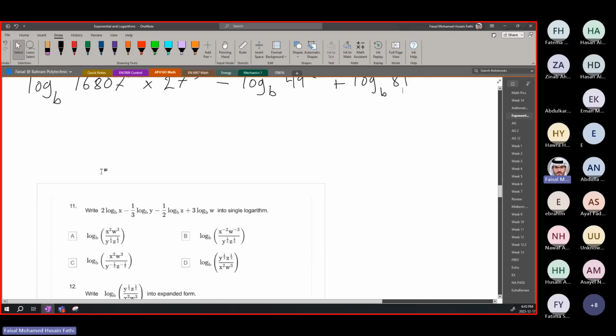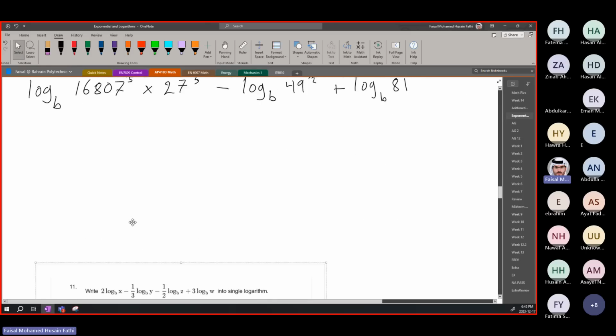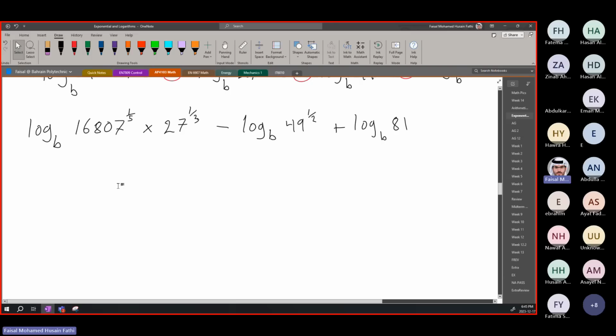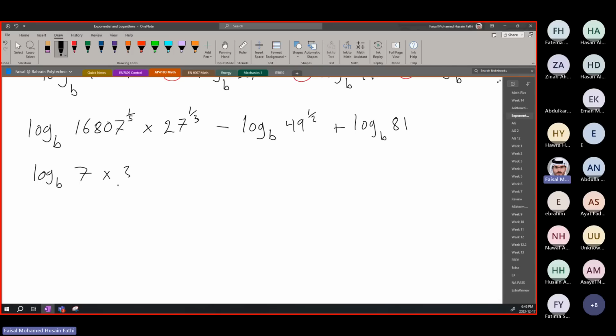Okay, let's simplify this in the calculator a bit. 16807 to the power of 1 over 5 is equal to 7. So this is log B 7 times 3, because the cube root of 27 is 3.